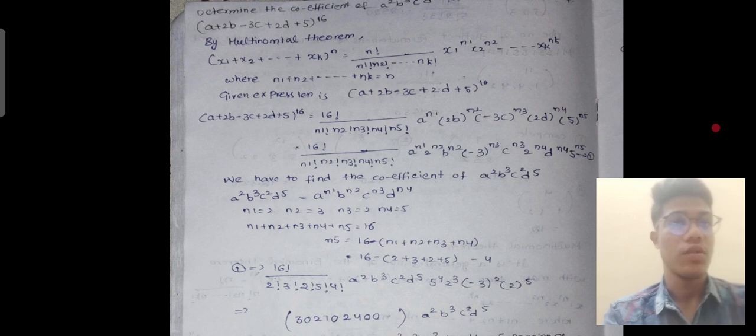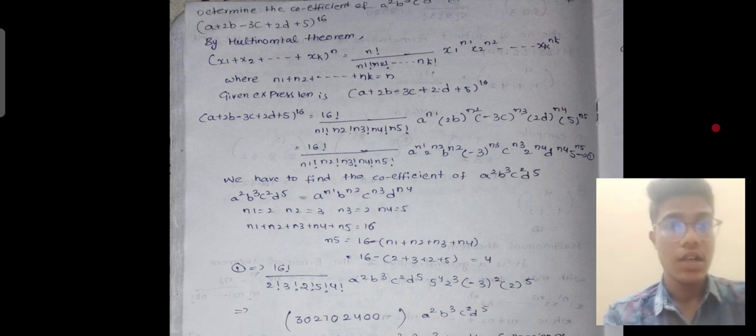That equals 16 minus, n1 value is 2, n2 value is 3, n3 value is 2 and n4 value is 5, which equals 4.